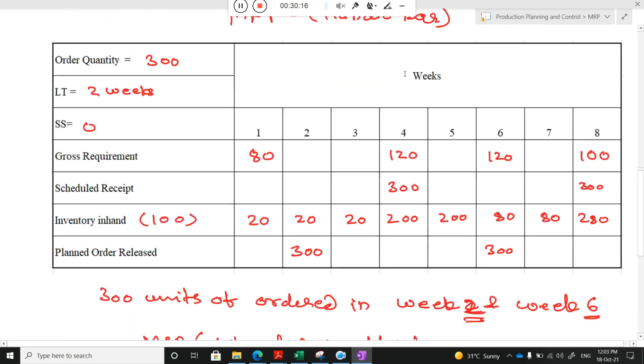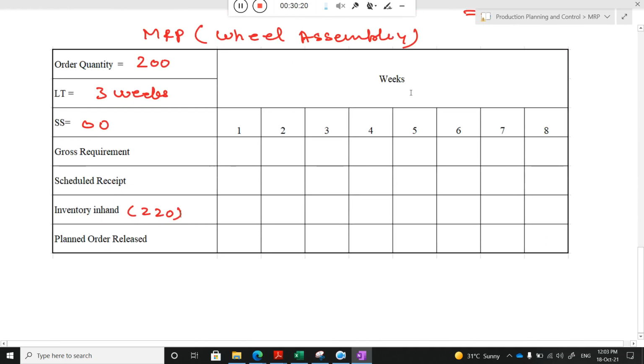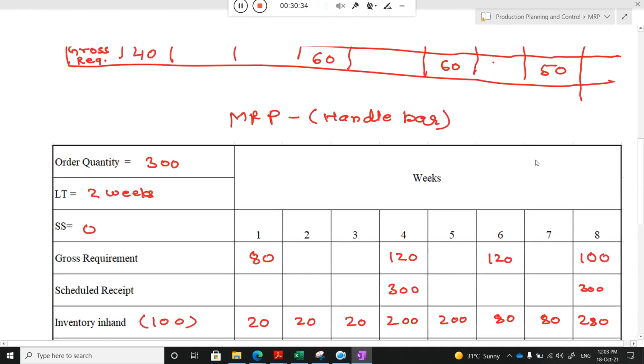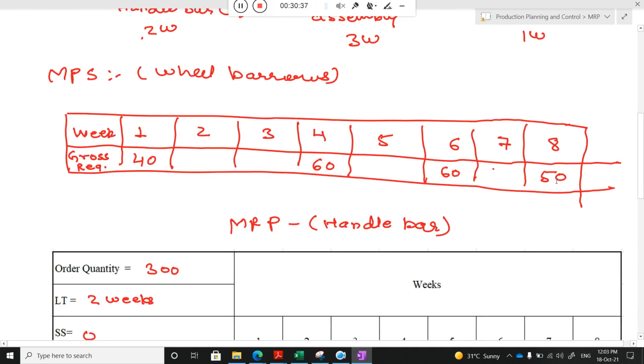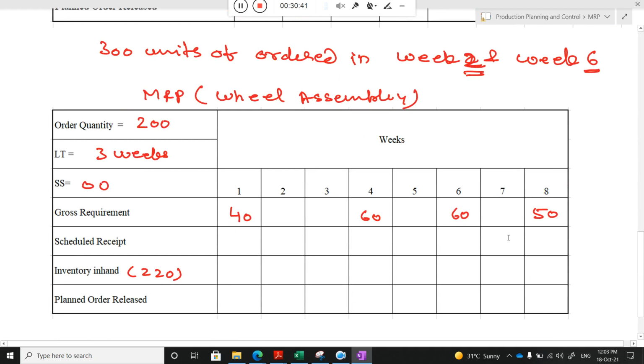So I will write 40, 60, 60, 50: week 1 40, week 4 60, week 6 60, and week 8 50. Is there any doubt why I wrote the gross requirement 40, 60, 60, 50? Because only one wheel assembly is needed to make a wheelbarrow.